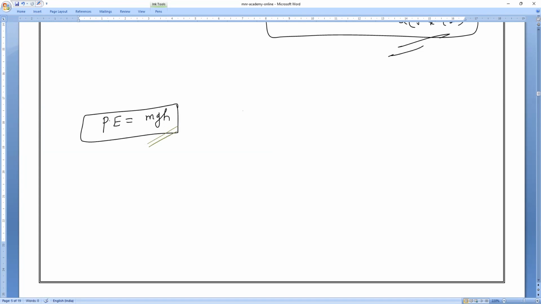So now, you can see if any object is at the surface, we will basically consider potential energy to be 0. Once the body goes to a certain height above the ground, at this height we say that potential energy is possessed.